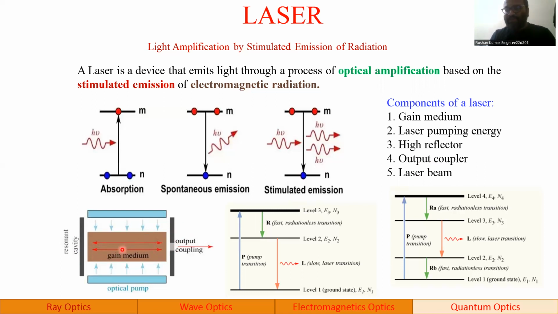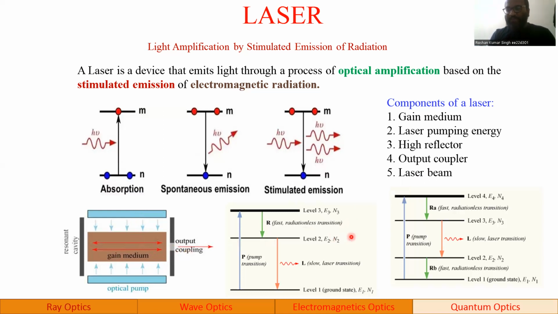This is the gain medium in which the electron gets excited, and the pumping energy is given by some external source. It can be in the form of light, electron, voltage, electric field, or thermal form. We use the energy to get the excited state in the material, and after it crosses some intensity, it comes out from the mirror in the form of laser.